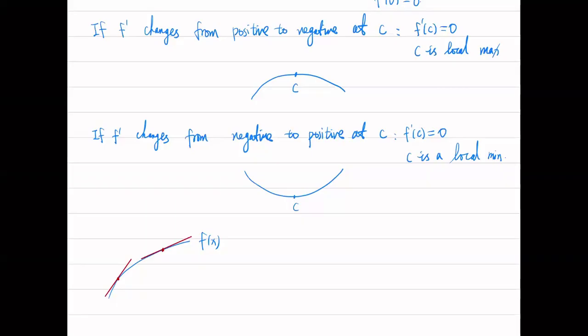Okay, Sakina, let's compare the derivative at these two points. What do you say about the derivatives? Bigger or smaller, from here to there? It becomes smaller. So if the derivative becomes smaller, what can we say about the second derivative?